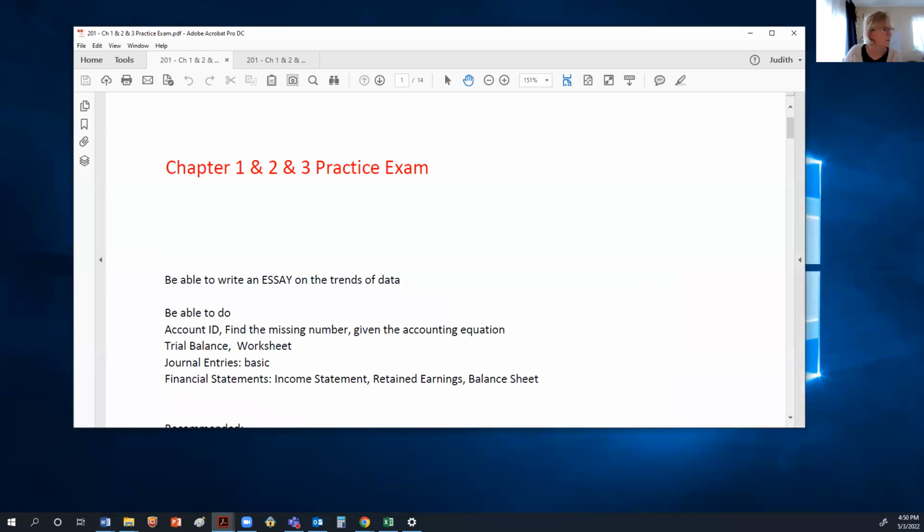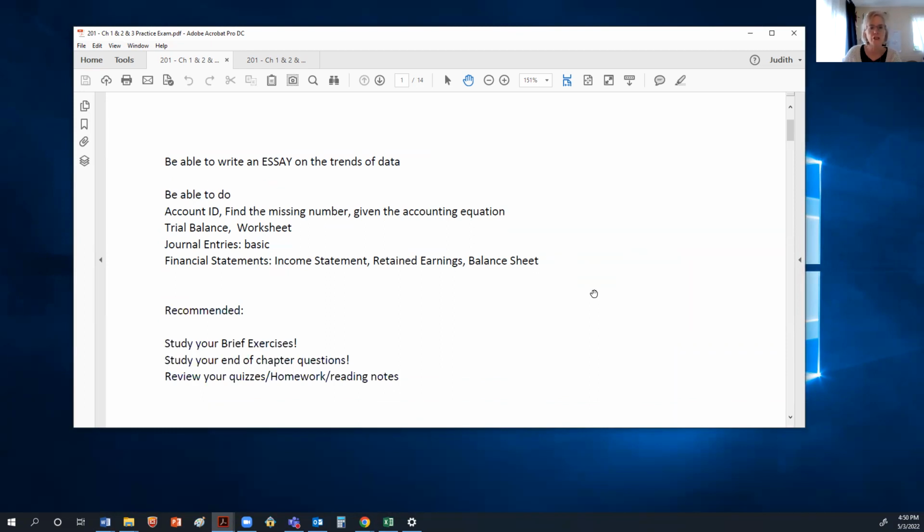All right. So the format for the exam, it's 13 pages long. It's going to be problems. It is not going to be a lot of multiple choice. There will be some matching similar to what you had on the practice exam. If I said accounts receivable, on the balance sheet, where would accounts receivable go?